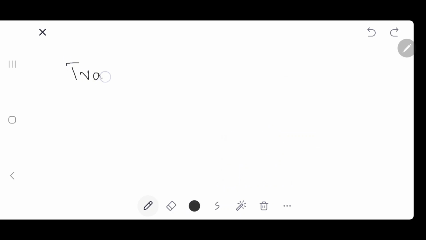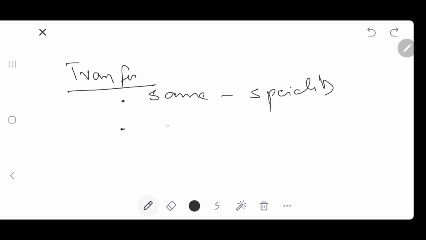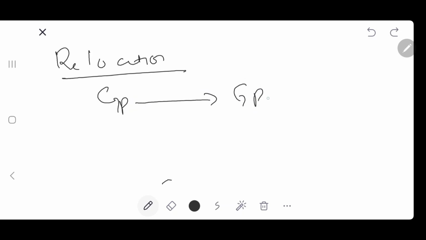The next type of letter is the transfer letter. In transfer letters, we have same specialty transfer and departmental transfer. What I mean by same specialty transfer is, let's say, relocation: GP to GP transfer, where the old GP is writing this letter to the new GP.